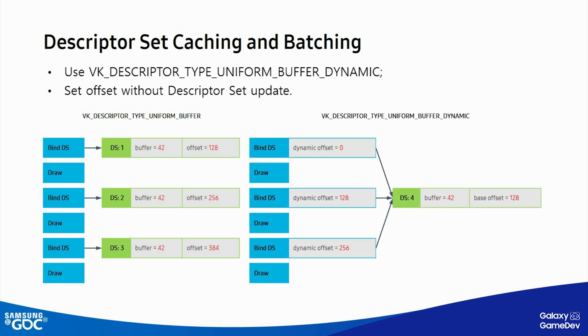But with dynamic uniform buffers, you can use a single descriptor set for multiple draw calls. Final offset is calculated by the sum of the base offset inside the descriptor set and the dynamic offsets in the bind commands. Dynamic uniform buffers are the first thing you should implement before moving on to descriptor set caches. Otherwise, the hit rate will be so bad that nearly every cache access will be a cache miss.